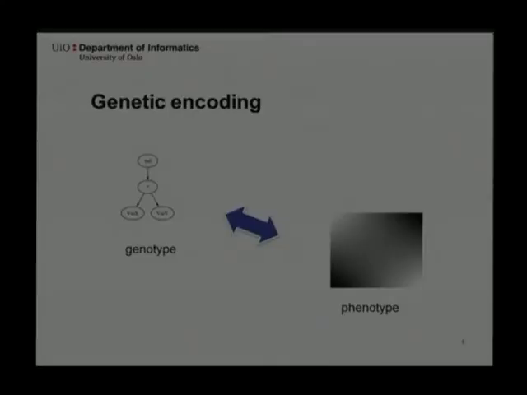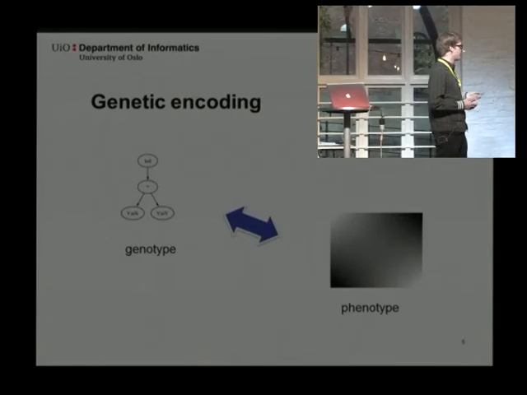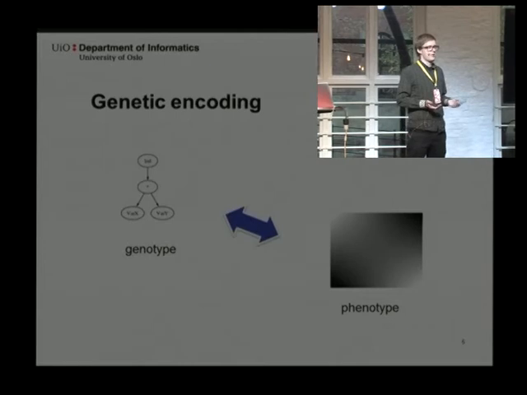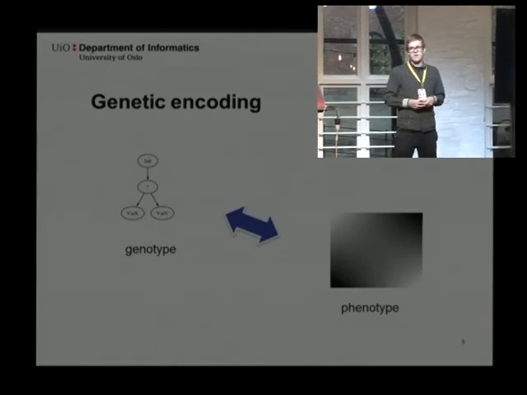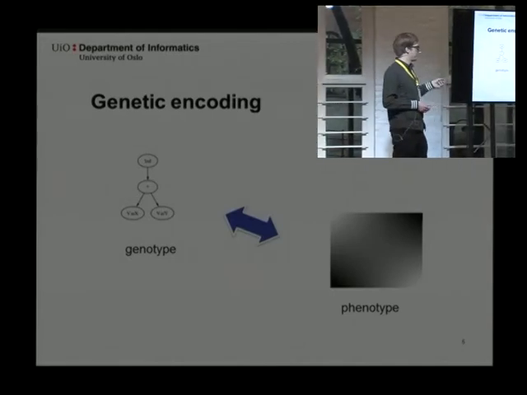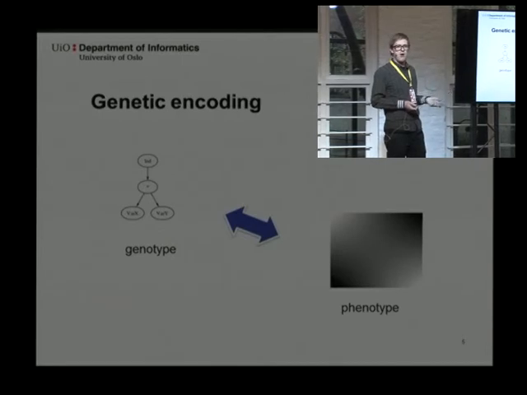But there are a couple of details you need to take care of to make this possible. So the first thing is you want to make a coding for your solution. So I have this example where we want to make some pictures. We want to make art from this evolutionary design process.